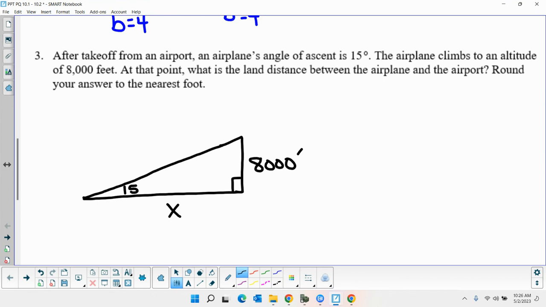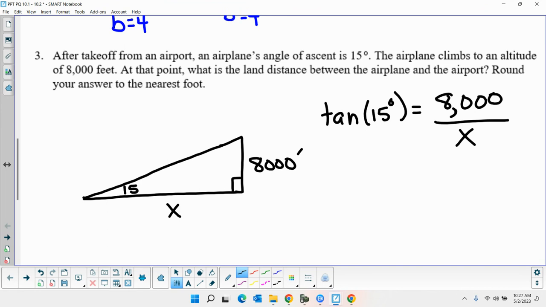So, I got my 15-degree angle here. So, what side is the 8,000? Which one of the 3? Opposite. Which one's the X? Adjacent. Opposite, adjacent. Which one am I using? Tangent. TOA. Right? So here's my equation. Tangent of 15 degrees equals opposite 8,000 over adjacent X. I told you to write it as a proportion.